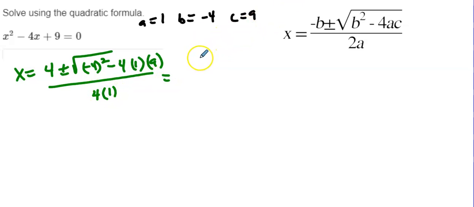So when we evaluate, we get 4 plus or minus the square root of 16 minus 36 all over 4, or 2 rather. And this should be 2 times 1, not 4 times 1.